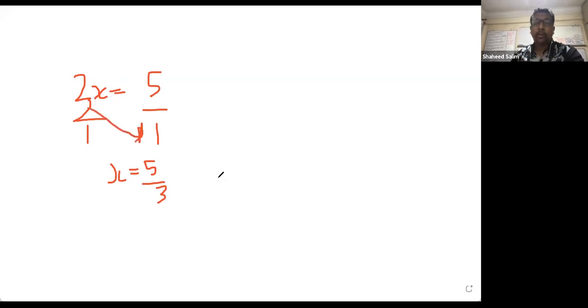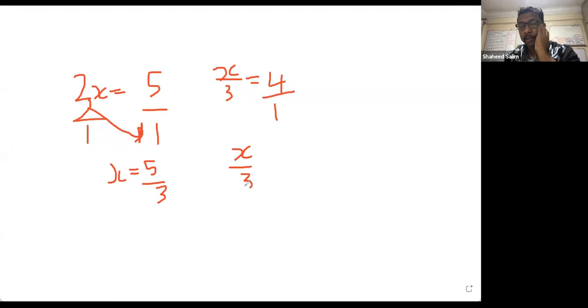Or I'll show you another one. You have x over 3 equals 4. I just put it over 1. Remember it's like a seesaw like that, right? So now I don't need to go in that. I just push the 3 up. 3 times 4, 12, finish. x equals 12. Very fast.